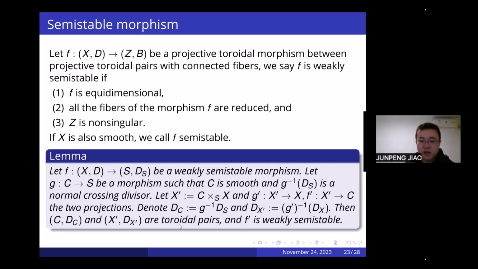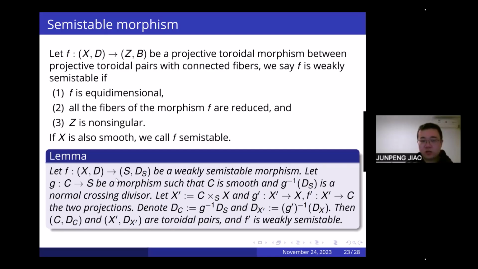In particular, let X prime be the fiber product, and D_X prime be the inverse image of D in X prime, then this (X prime, D_X prime) is a toroidal pair.